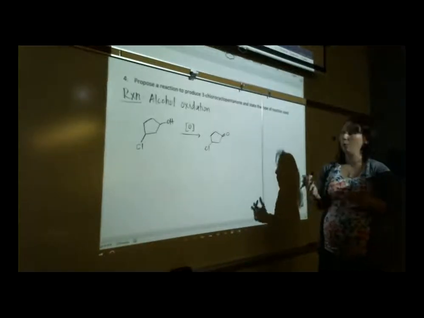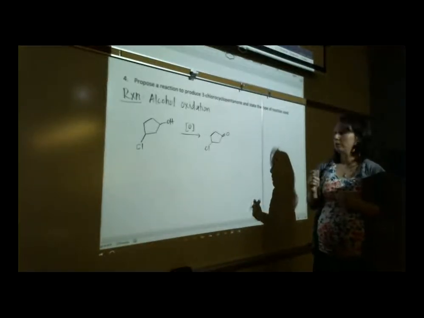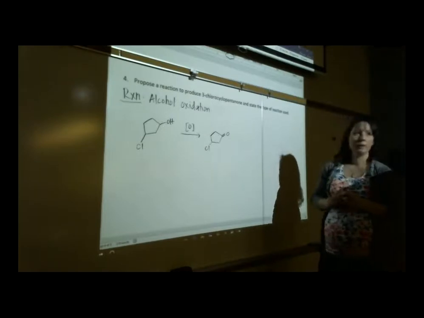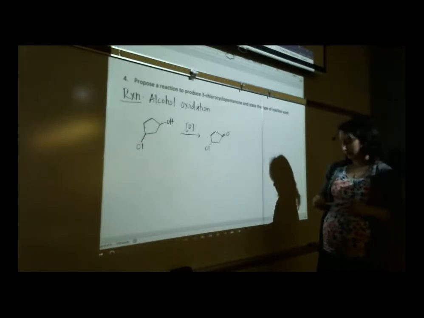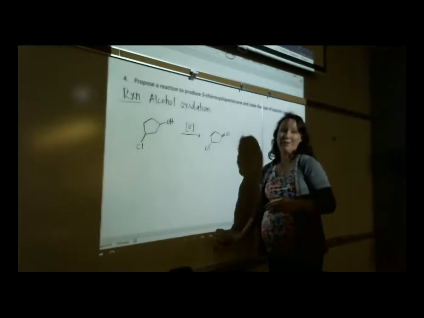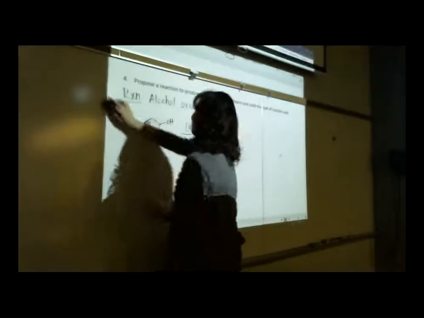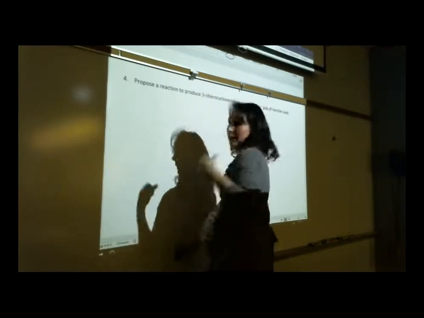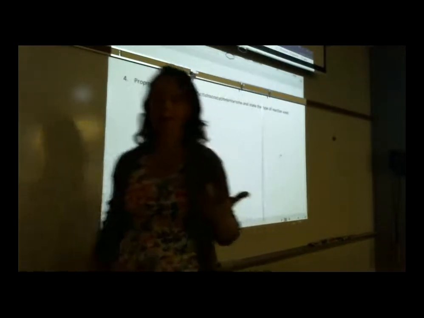And that's the only one that we've talked about that would produce a ketone. Does that one make sense? Yes, I used to have it on my chart. Oh, okay. Oxidizing an alcohol: if it's a primary alcohol, you get an aldehyde. If it's a secondary alcohol, you get a ketone.